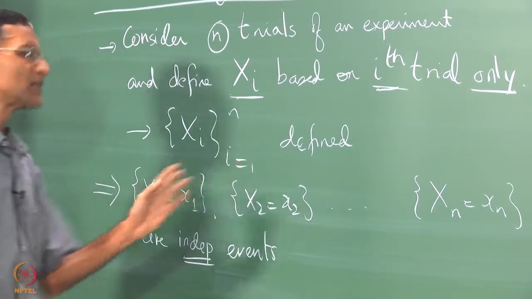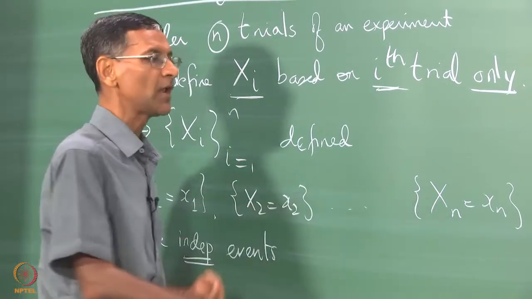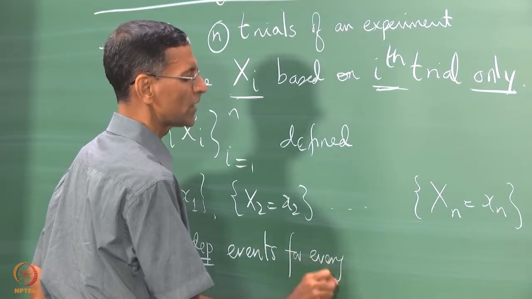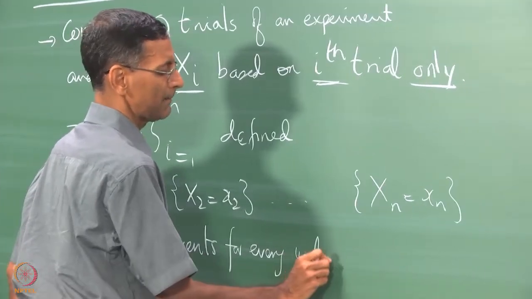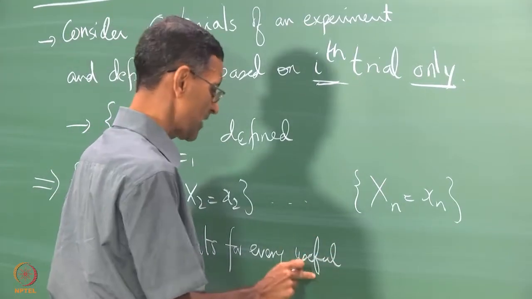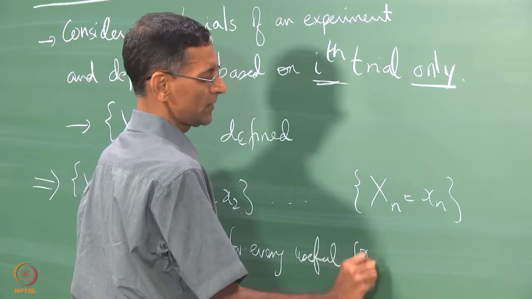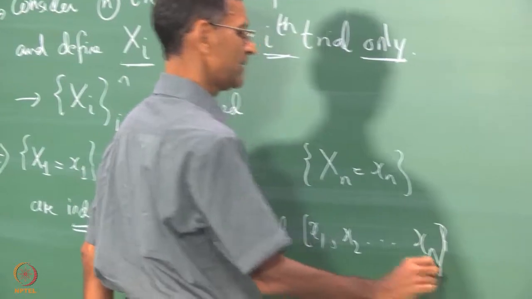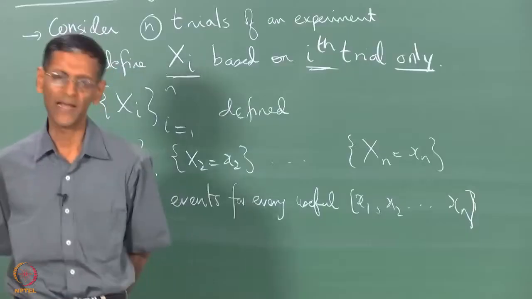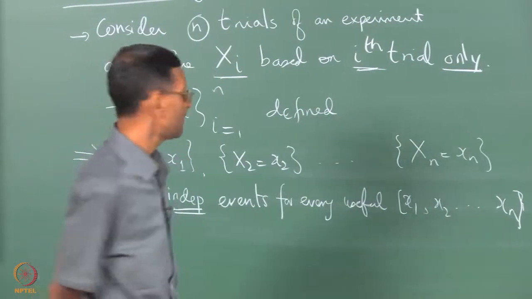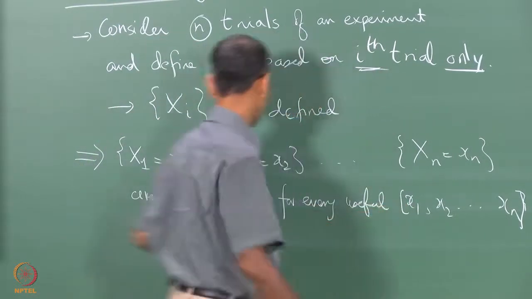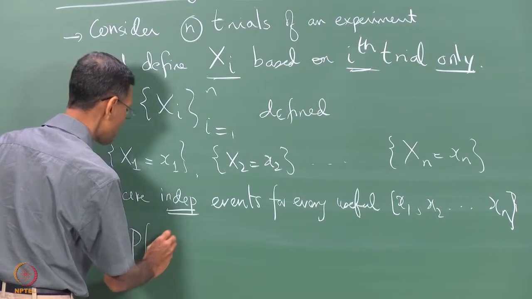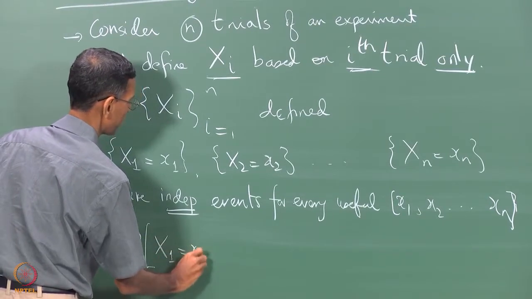For every useful choice of vector small x, I'll have to say what I mean by useful, choice of x1, x2, ..., xn. So you have an n-vector that you're going to look at. What do I mean again by useful? This joint probability has to be positive.